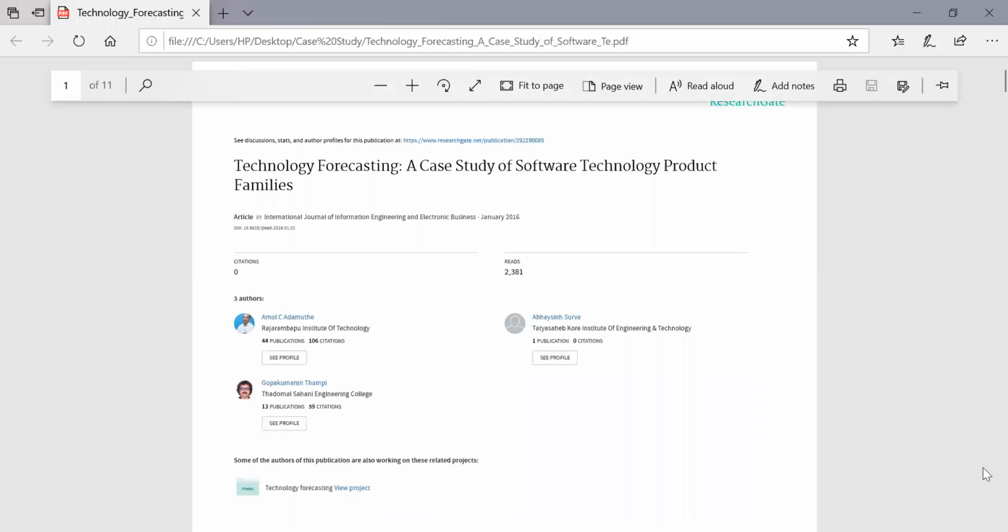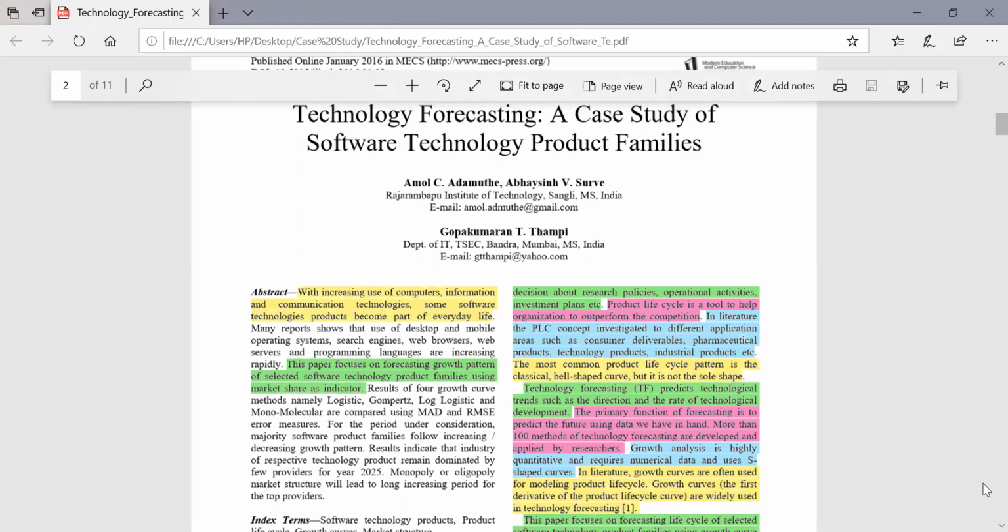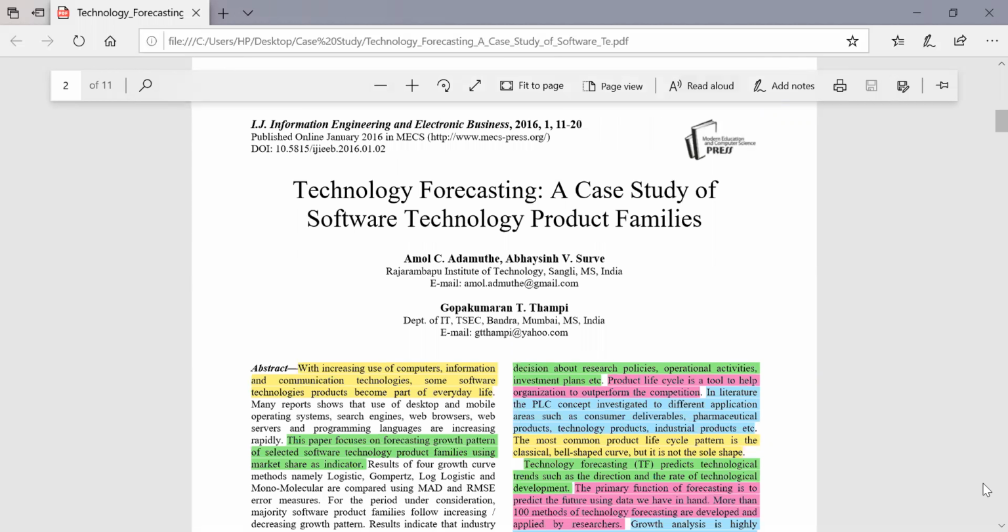You can have a look at the authors also if you need it for further reference. Basically you can see the main intentions behind implementing technology forecasting.